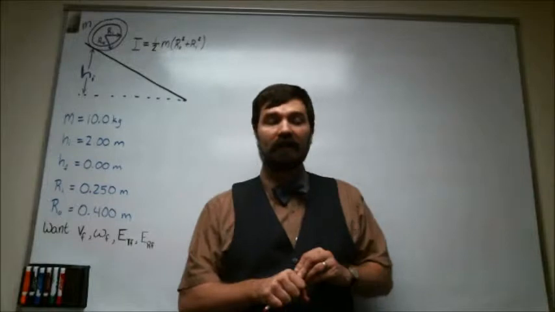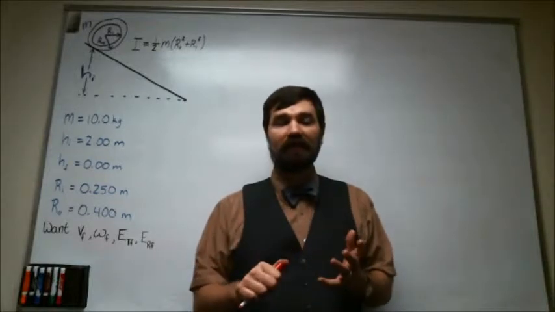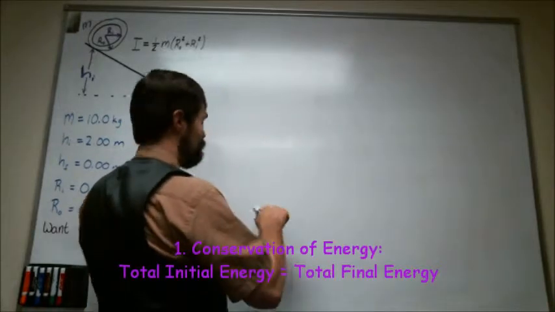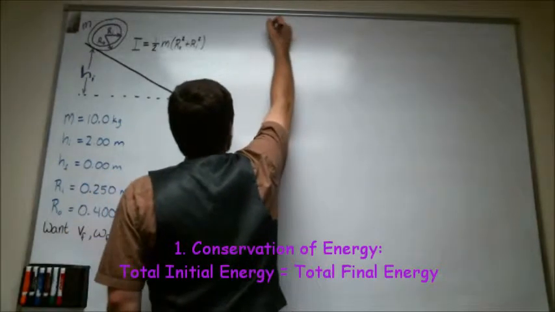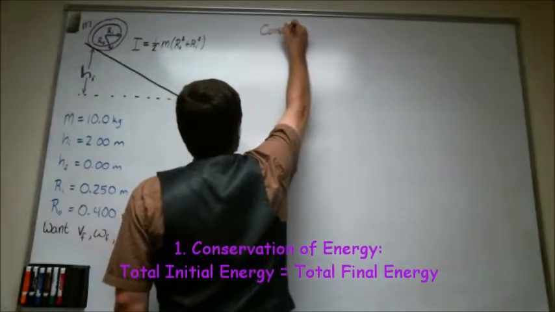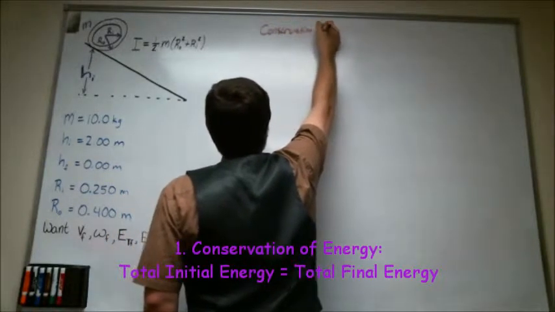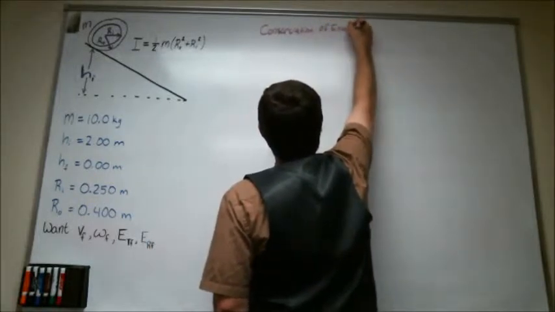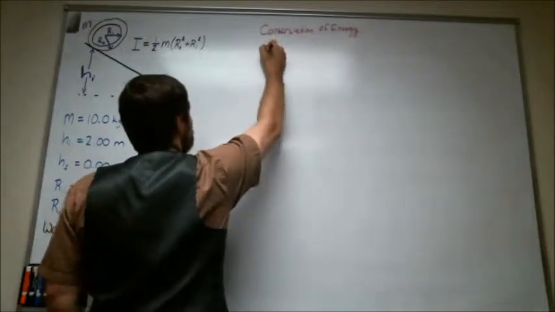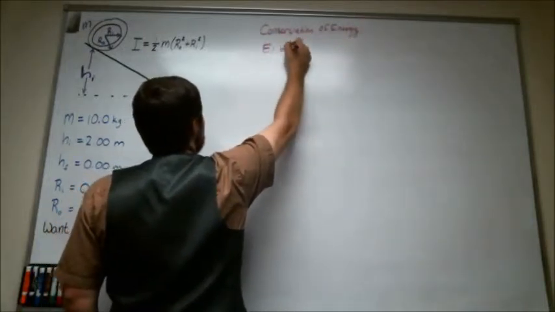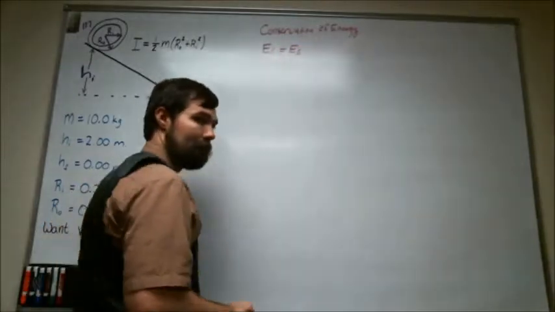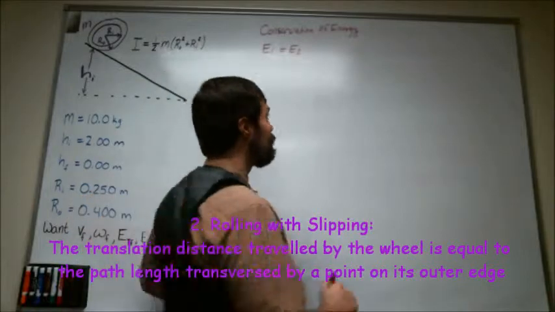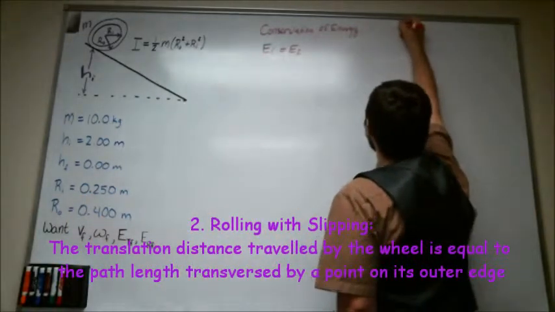Now there's two basic concepts which are going to be applied in this example. The first one is conservation of energy. And the conservation of energy says that the final energy and the initial energy need to be equal to each other. The second concept that we're going to apply is rolling without slipping.